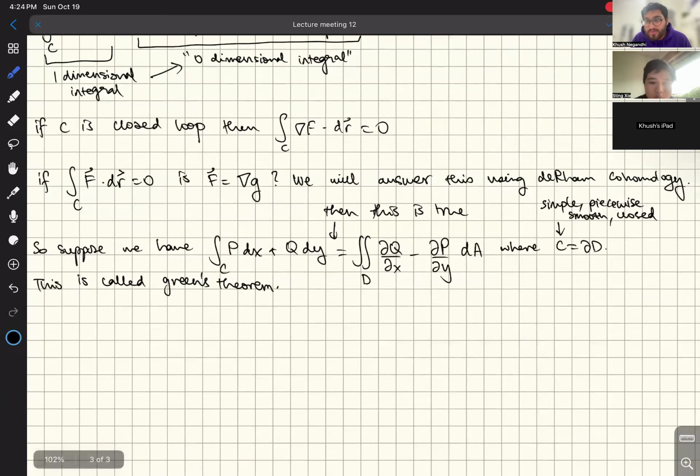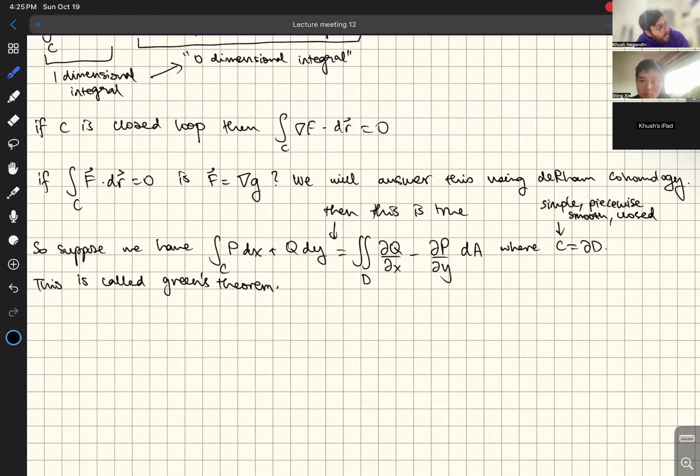So now we've spent a lot of our time just talking about two dimensions. Three dimensions is a lot more interesting than two dimensions for sure. And in some sense, when it comes to integration on manifolds, from what I know, three dimensions is one of the most interesting places to be.